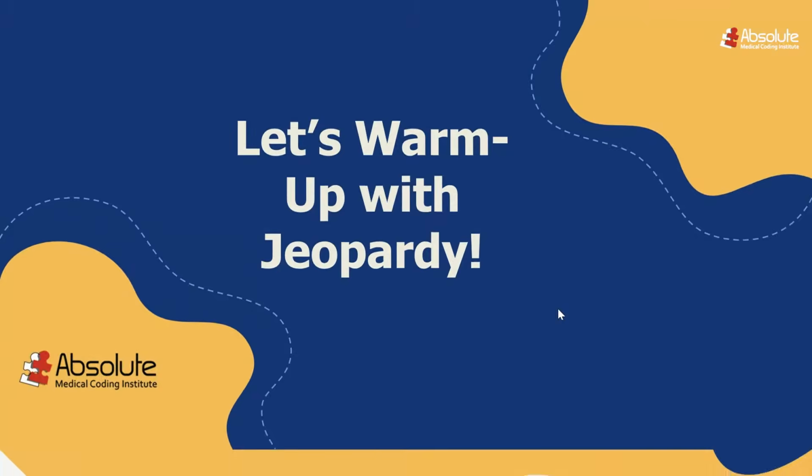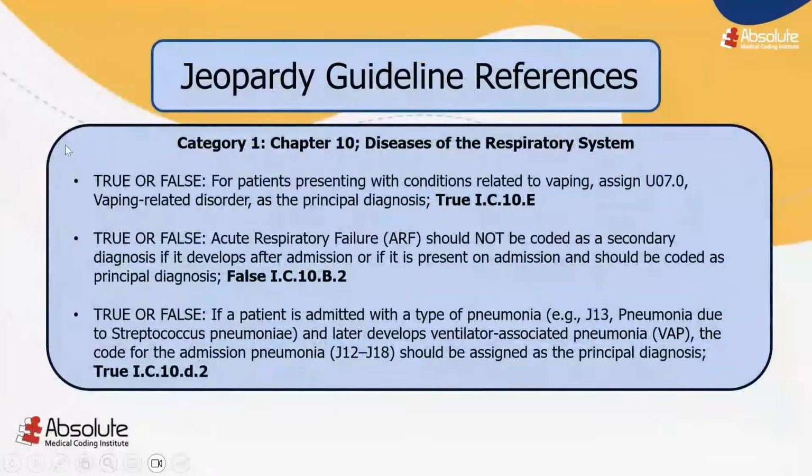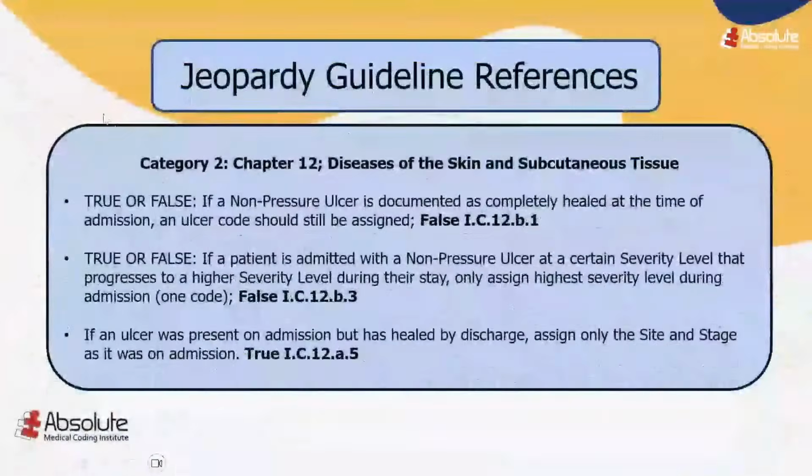So this is going to be from our Category 1, Chapter 10, Diseases of the Respiratory System. This is going to be the question, the answer, and lastly, the guideline that I referenced for these questions. This is from our Category 2, Chapter 12, Diseases of the Skin and Subcutaneous Tissue.